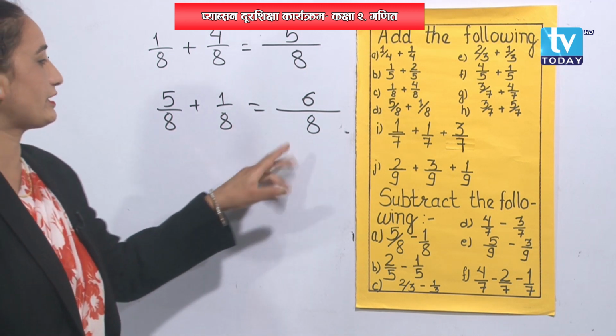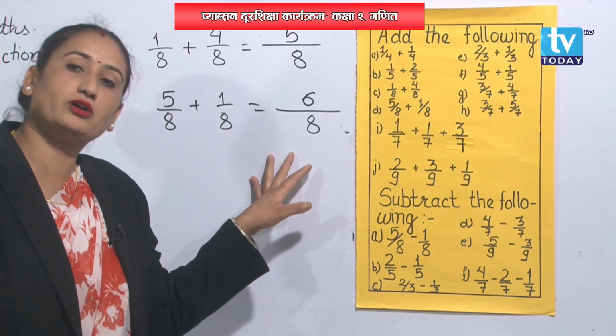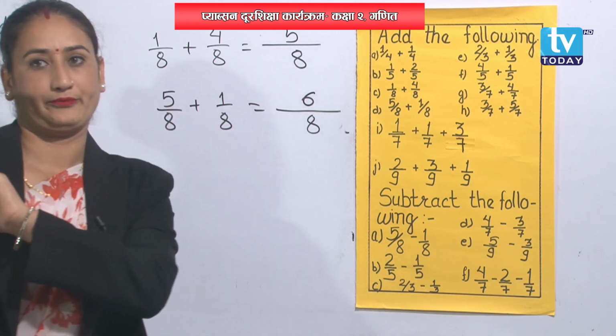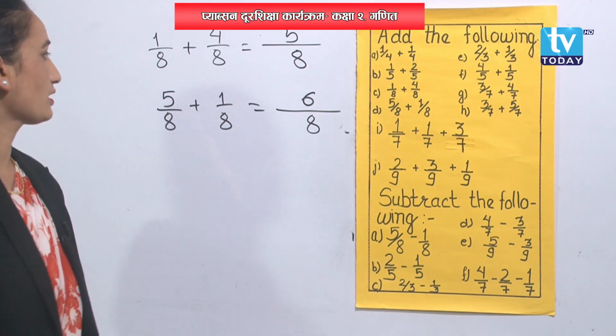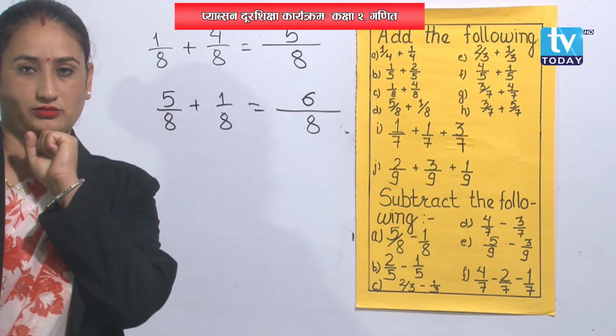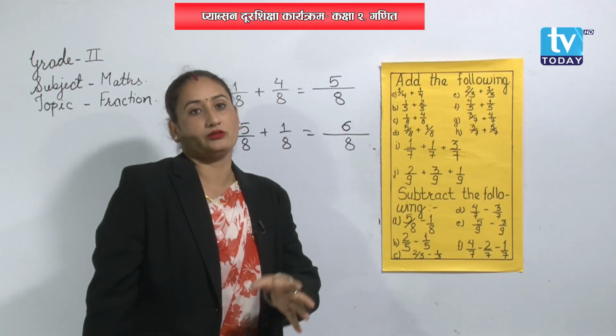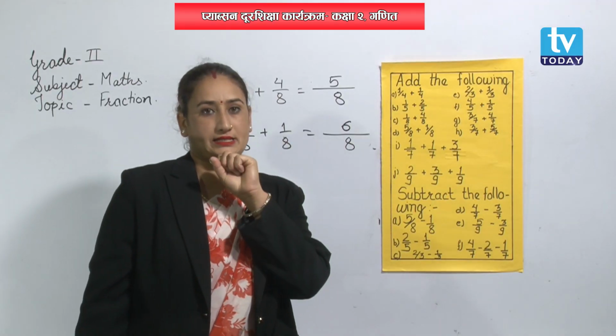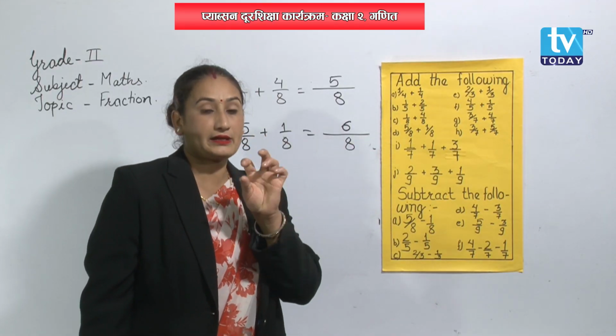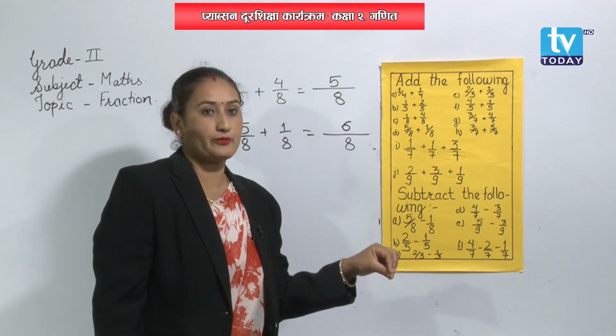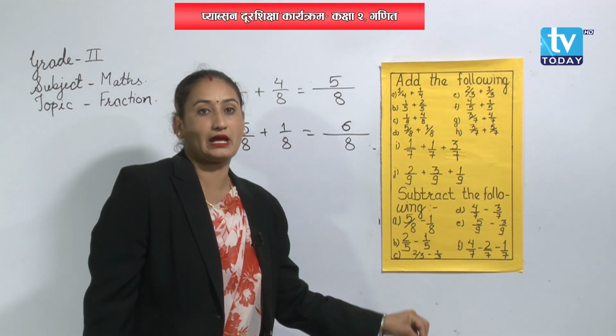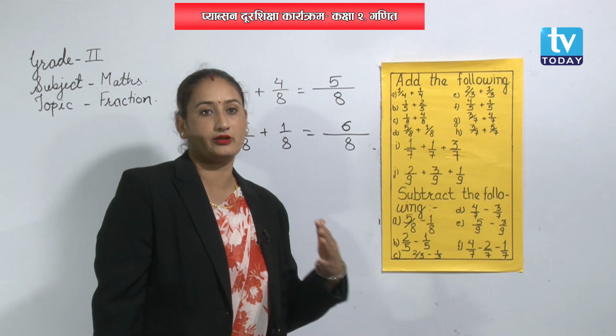Why do we take only one single common, do you know? Let's have one example. I have one apple, right? I cut that apple into 8 pieces. Your mother kept those pieces on the plate for us.